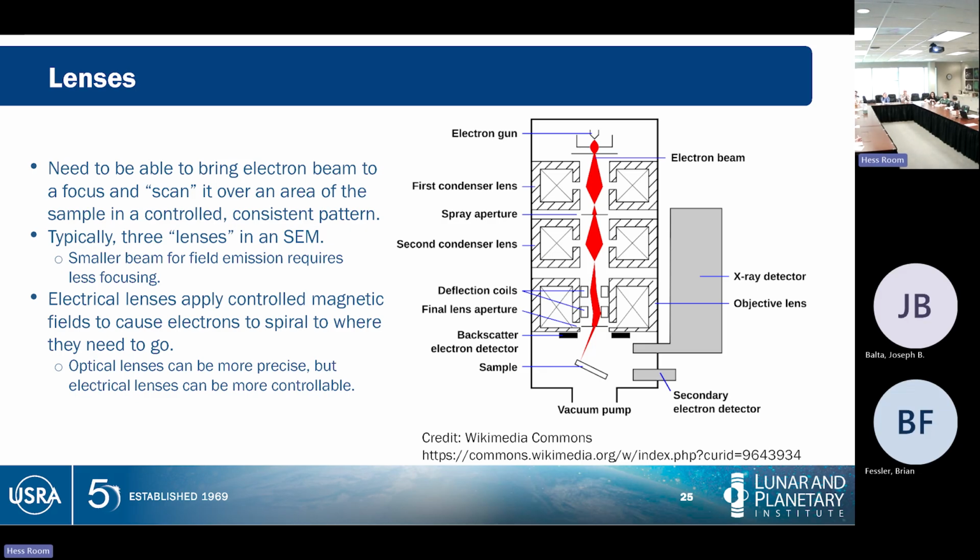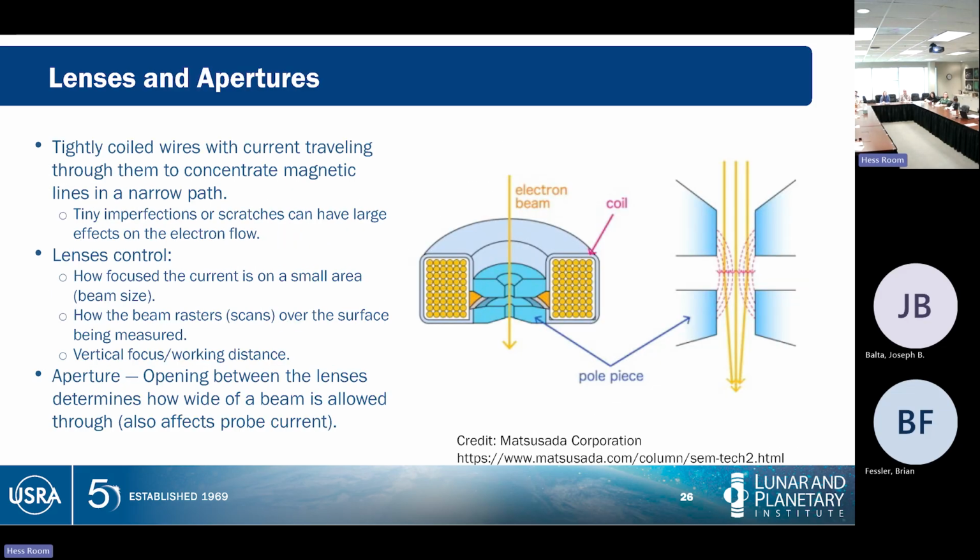Now, a perfectly ground optical lens can be super precise. Go talk to some glass making folk. They're really good at their job. Okay. Electron lenses are very controllable. They are nice and flexible because they are electronic. This is the basic design of an electron lens. It's a coil that you run a current through.